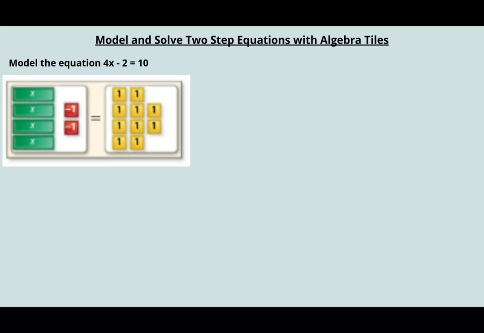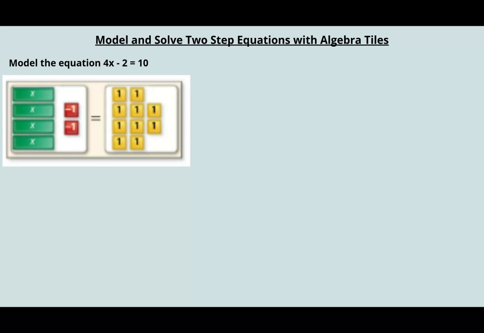So this is the equation 4x minus 2 equals 10 modeled. You will notice that there are 4 x tiles, and then there are 2 negative tiles, because negative 2 and minus 2 mean the same thing. So you have 4 x's and 2 negatives on the left, and 10 positives on the right.